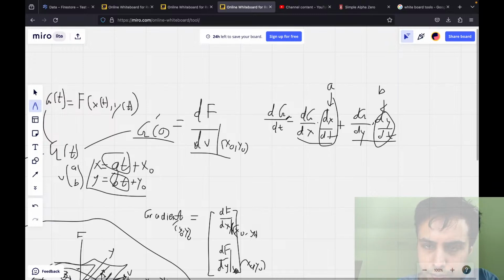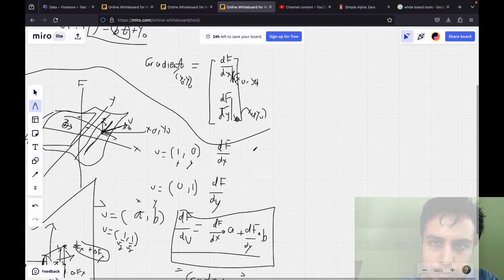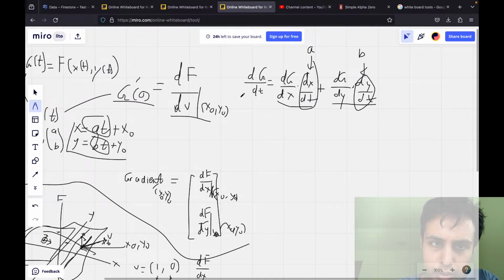So then dg/dt at 0, right? At the point t equals 0, we get our initial x naught, y naught, and df/dy equals this, at the point 0.